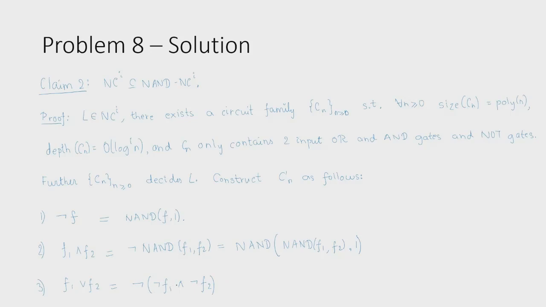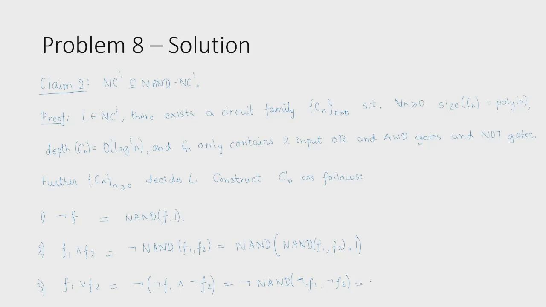Now let's look at this bracket. What is inside this bracket? This bracket is exactly the NAND of negation F1 and negation F2. And so the only gates left which are not NAND gates are these three NOT gates, but we know how to implement them.